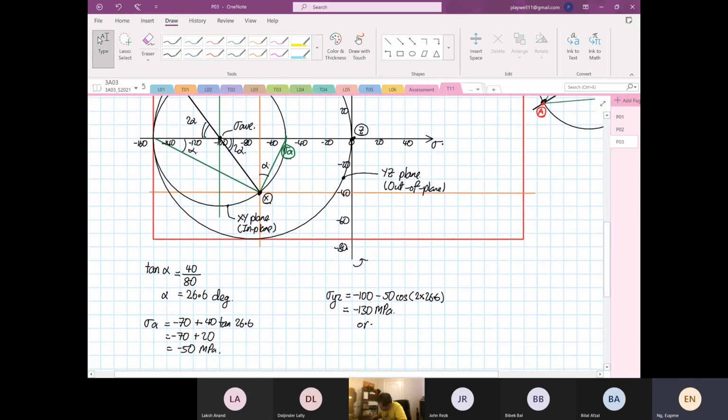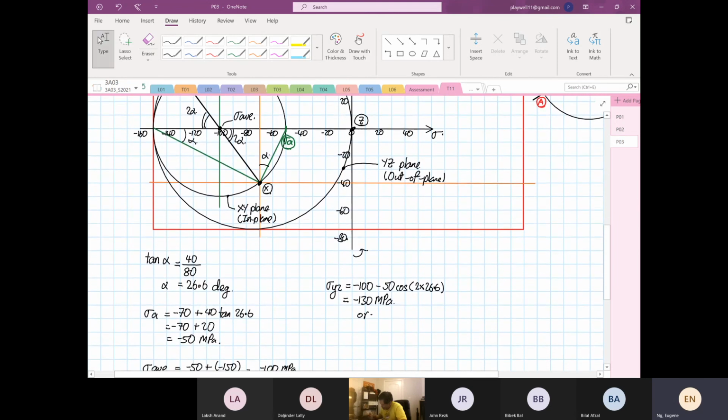Or you can also do this. Another way of doing it, I'm trying to use tangent. Yeah, you can also use tangent.